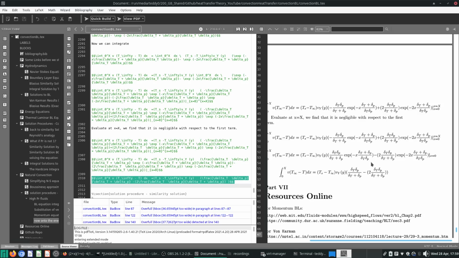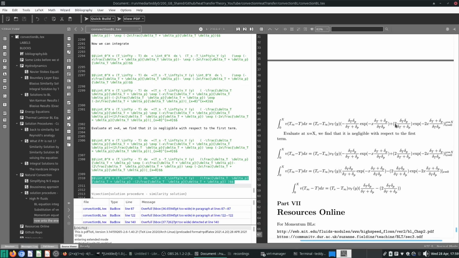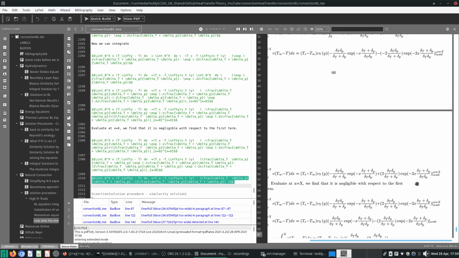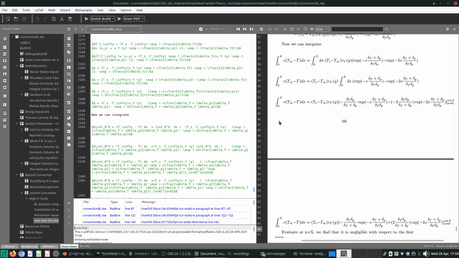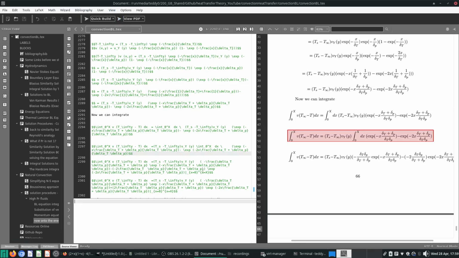Oh, yeah, we're integrating, so this thing should be a half. We're not differentiating, so we have to flip everything on its head. So instead of 2 it becomes half.